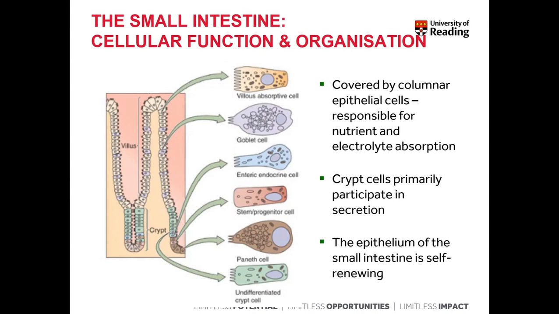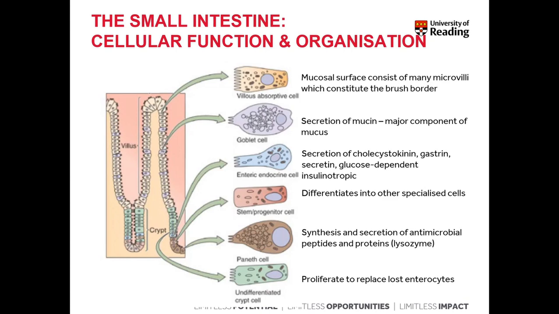So, this is a typical columnar epithelium, which is mostly responsible for the absorption of nutrients and electrolytes, so monosaccharides, amino acids, and fatty acids. Crypt cells are actually also involved in secretion. And this epithelium, like any other epithelia, is constantly renewing, and this in particular is self-renewing.